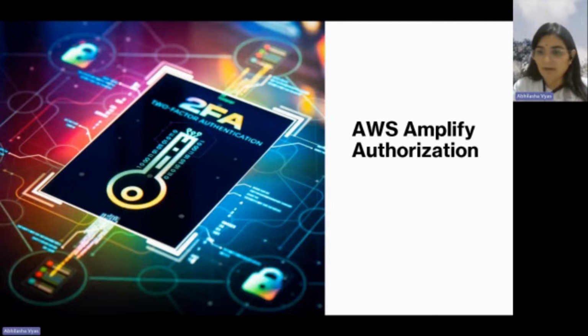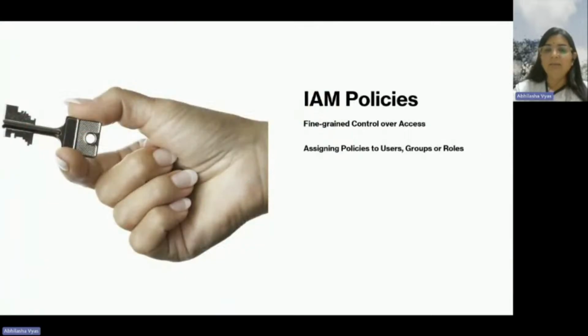So AWS Amplify provides an authorization API, which allows us to control access to the front-end resources. We can use Amazon Cognito and custom authorization rules to ensure that only authorized users will have access to the resources. We can also work with IAM policies.